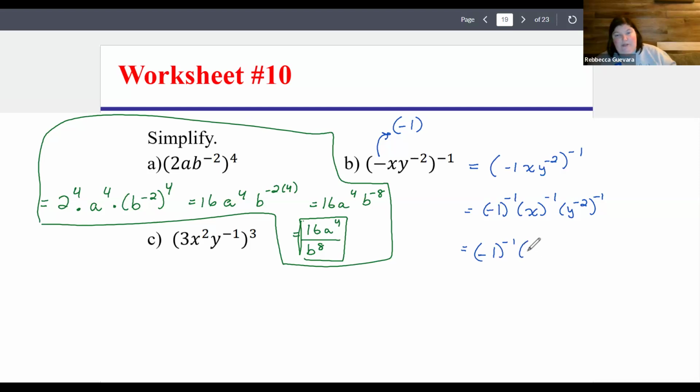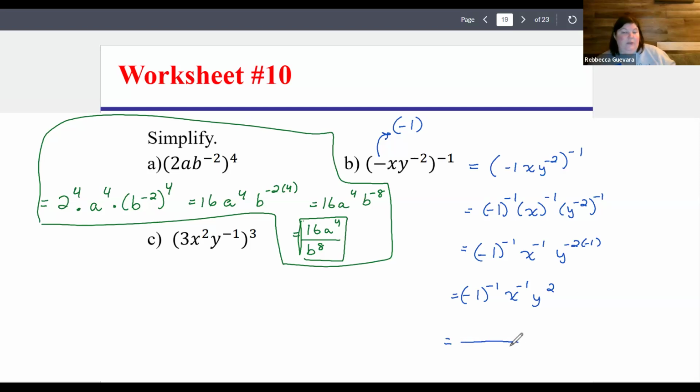So we'll start moving things around after we simplify this part. But we got -1 to the power of -1. We have x to the power of -1. And then you have y to the power of -2 times -1. So this is just -1 to the power of -1, x to the power of -1, y to the power of 2.